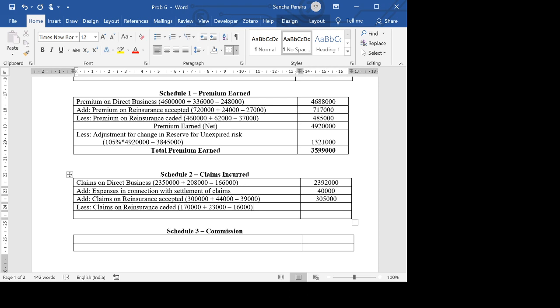And that total comes to 1 lakh 77,000. So our total claims incurred, the final answer here, is 25 lakhs 60,000.